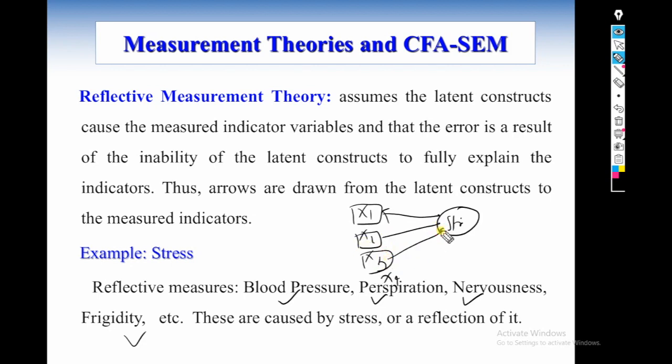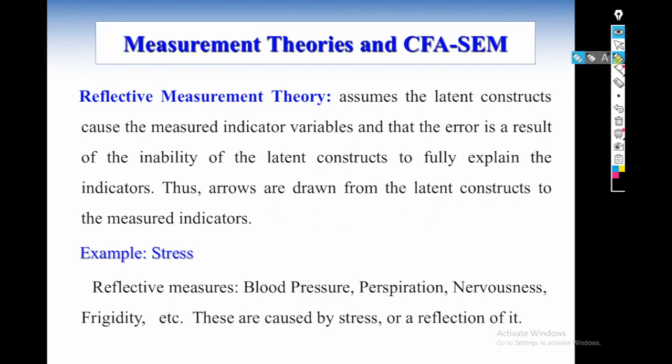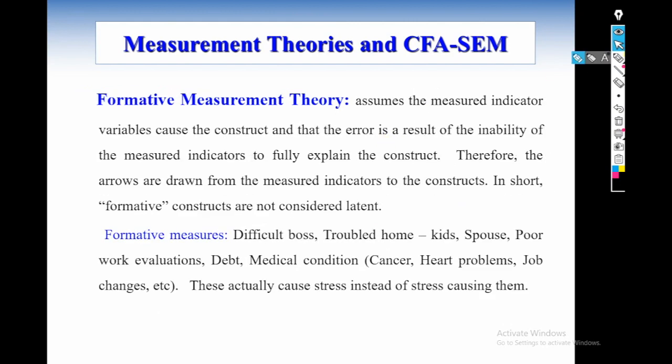If someone has stress, then he feels nervousness. And then frigidity. So these are the reflective measures, these are the symptoms. If I say my blood pressure is high, it means I have stress, because of stress. So this is the reflective measurement model, and another is the formative measurement model.